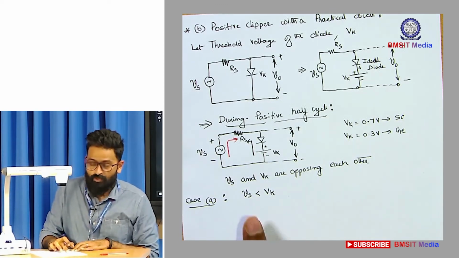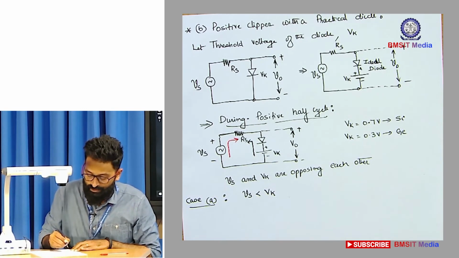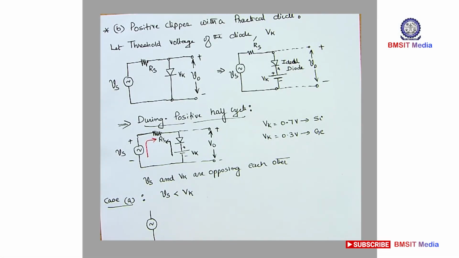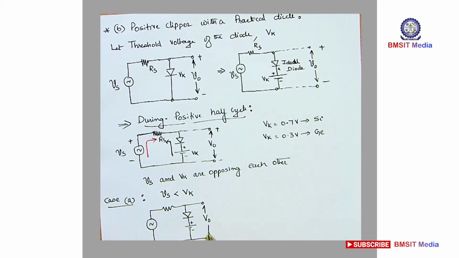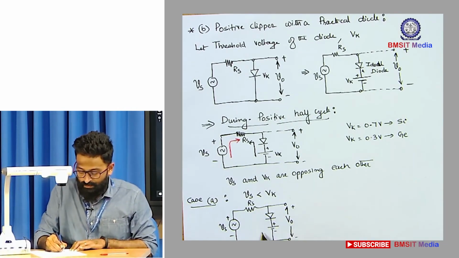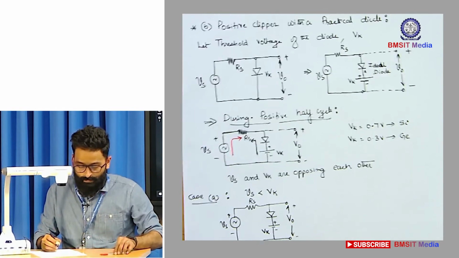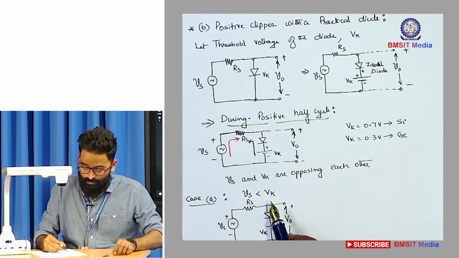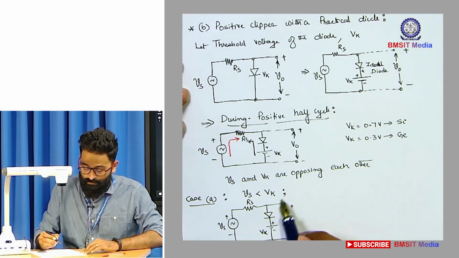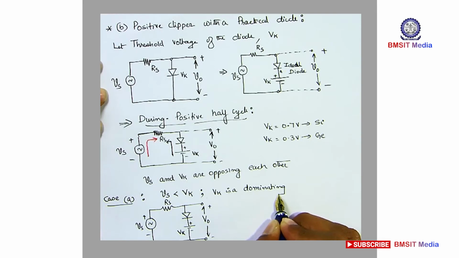When the input voltage is less than Vk, what happens to the circuit operation? You can visualize it in this manner. Okay, so this is Vk. In case 1, Vs is less than Vk, so Vk is the dominating source.